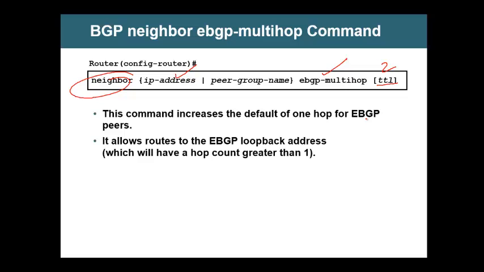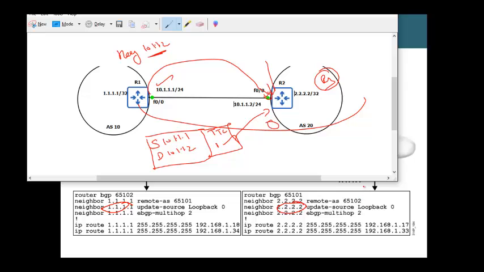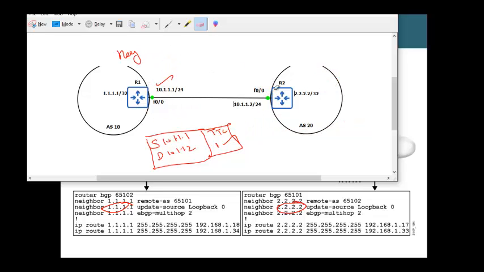The reason is, if you are forming a neighbor using loopback, you need to increase the TTL value. What is the connection? Because I'm using the loopback, I'm going to say neighbor as 2.2.2.2 instead of 10.1.1.2.